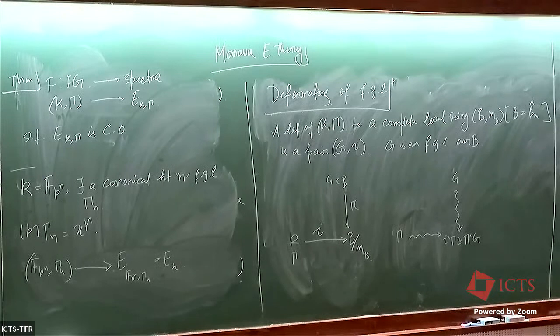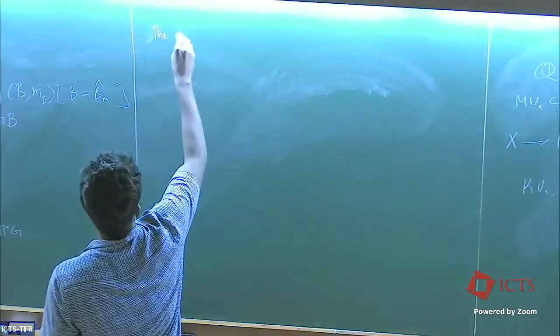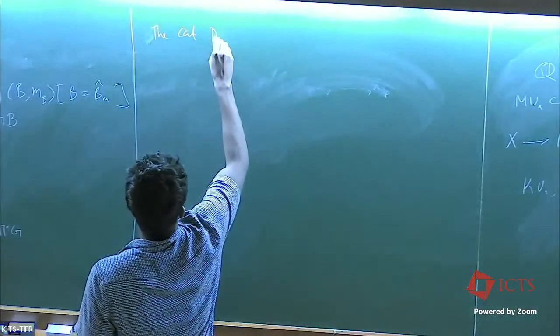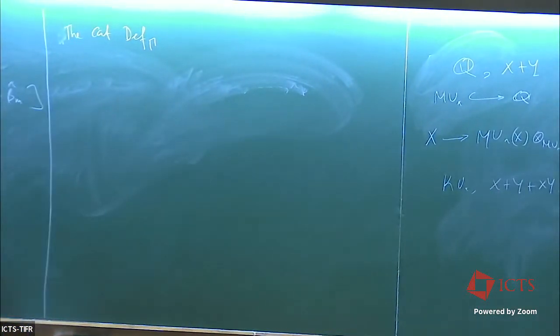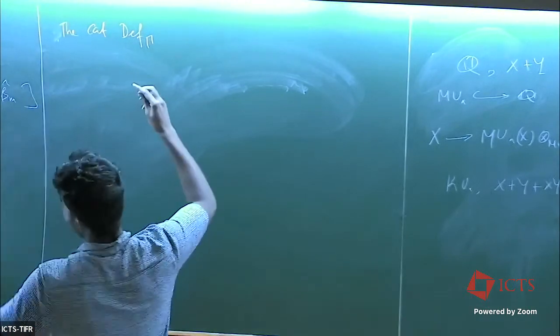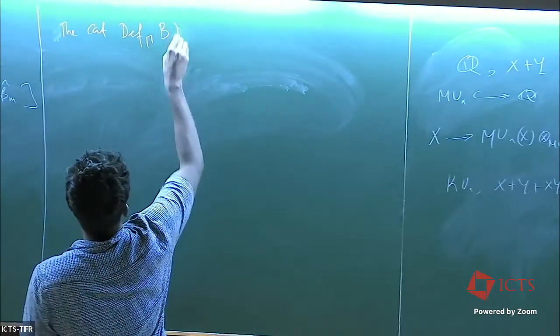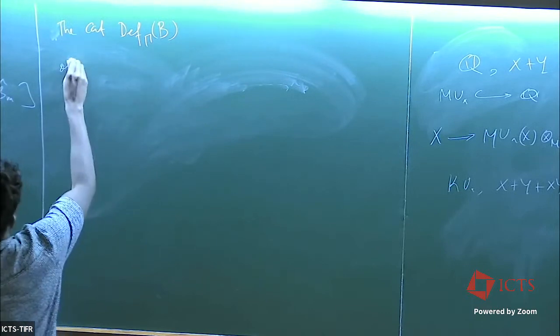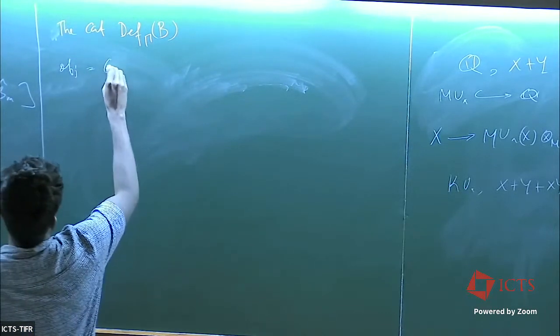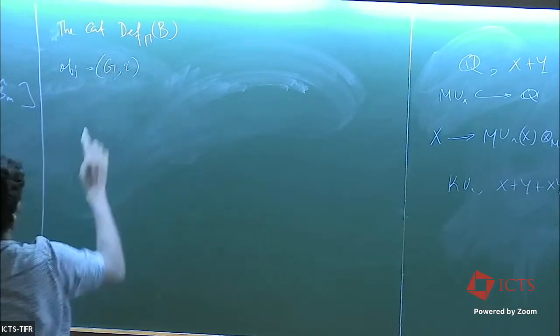So now the category of deformations of gamma. The gamma is this guy that I started with, and the B is this. So by this, I will define the category Deformation(gamma, B), where objects are like (G, i).